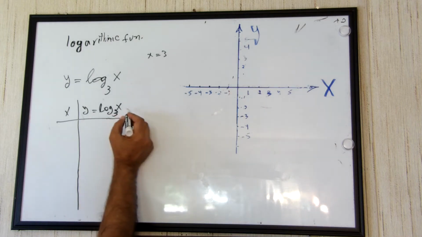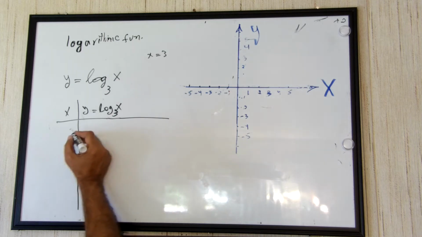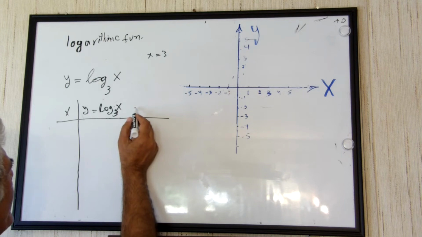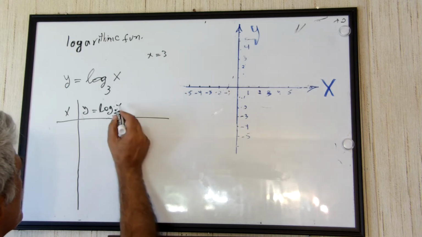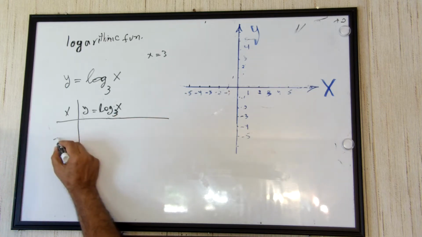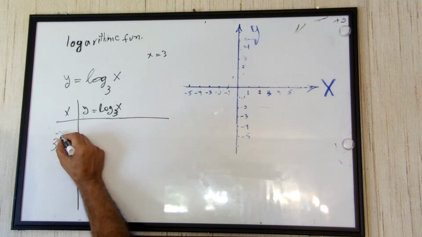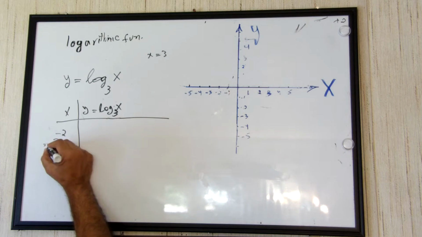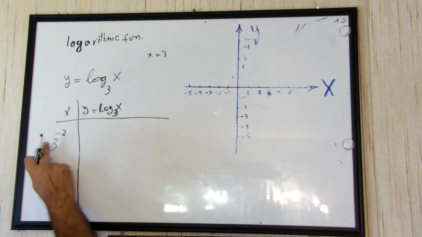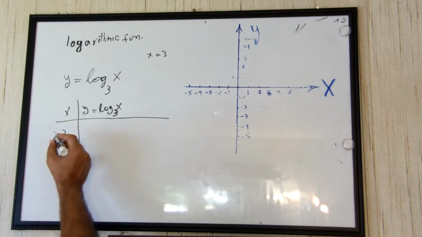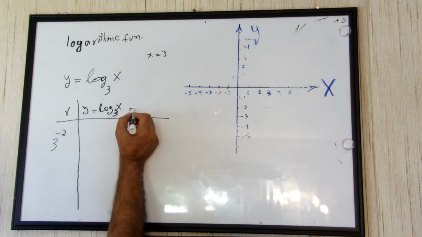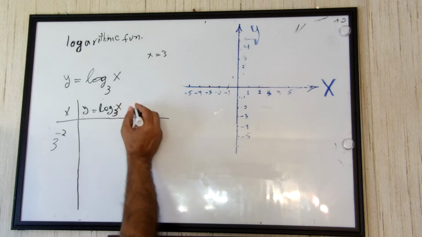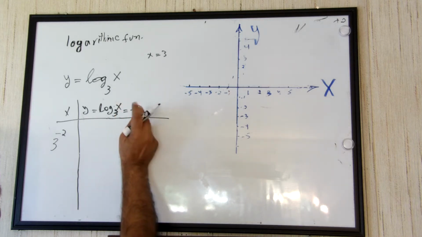We say that we are going to make x something such that if you raise 3 to an integer, negative or positive, it gives x. So if you raise 3 to the power of, for example, minus 2, that is going to be x.